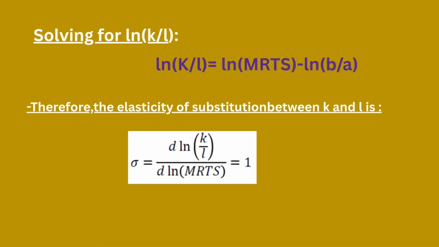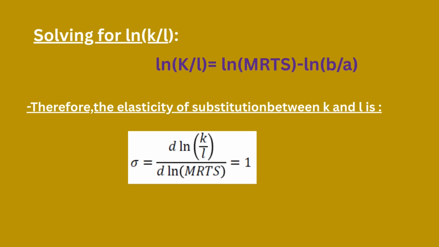Okay, the simple linear relationship is the key actually. To find the elasticity, we work with logs. Taking the natural log of both sides gives us the linear equation. Now let's rearrange it and solve for ln K/L. So there is the elasticity, which is sigma. It is formally defined as the percentage change in the capital-labor ratio divided by the percentage change in the MRTS.